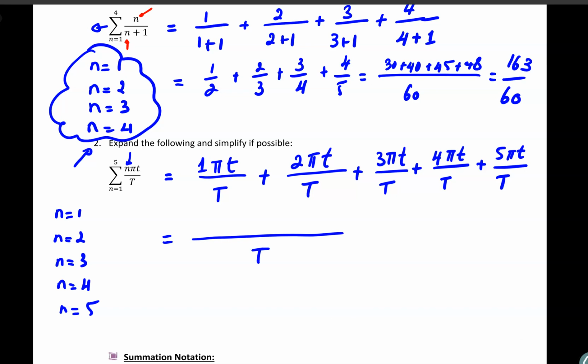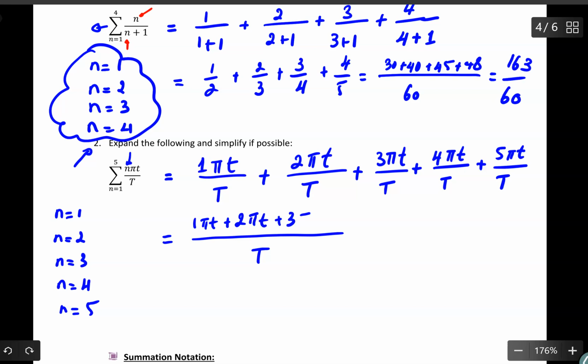So I should have 1 pi t plus 2 pi t plus 3 pi t plus 4 pi t plus 5 pi t. So then I should have it equal to 15 pi t over period, or I can pull the constant to the front.